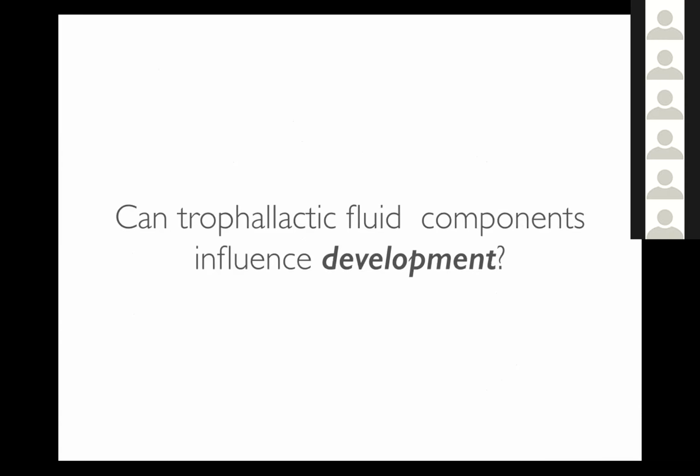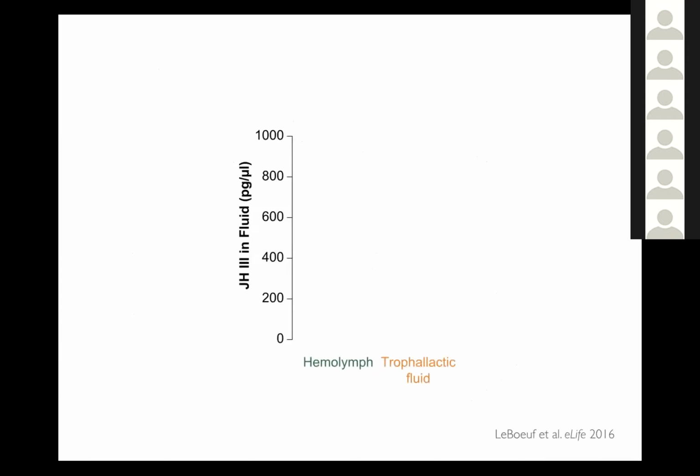So to start diving into that, first question is, can trophallactic fluid components actually influence development? And so I mentioned that I had found this juvenile hormone, this important insect developmental regulator, is present in this socially exchanged fluid.